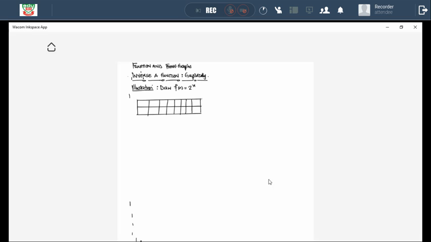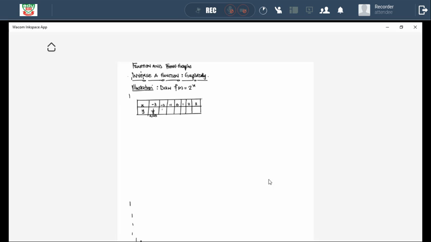This is, say, 3, 2, 1, 0, -1, -2, -3. This is x, this is y. Now if my function is 2 to the power of x and I substitute the value -3, this will be 1 over 8, which is 0.125.